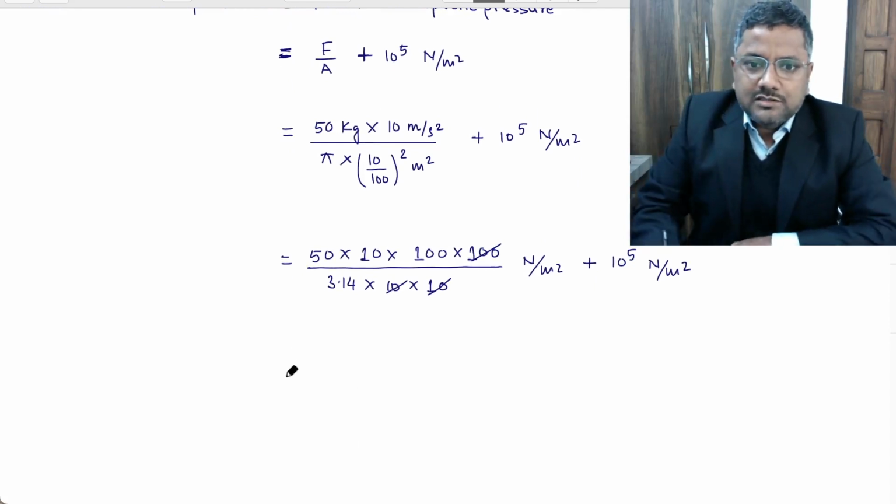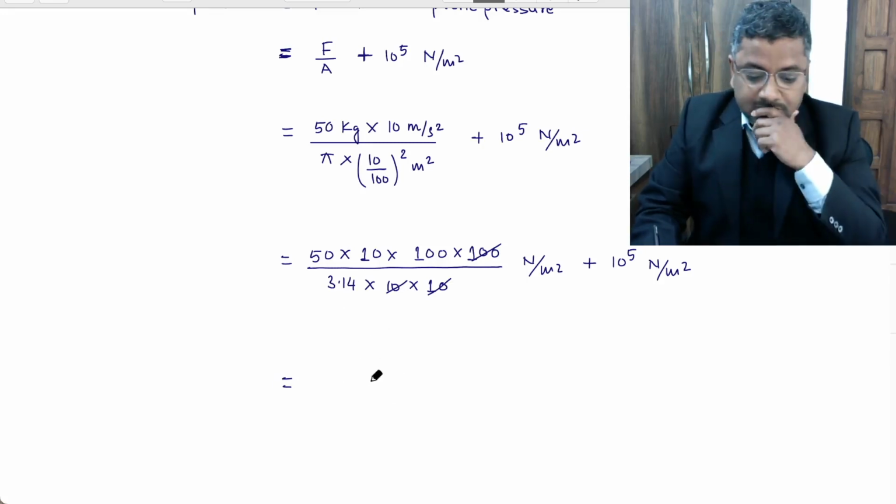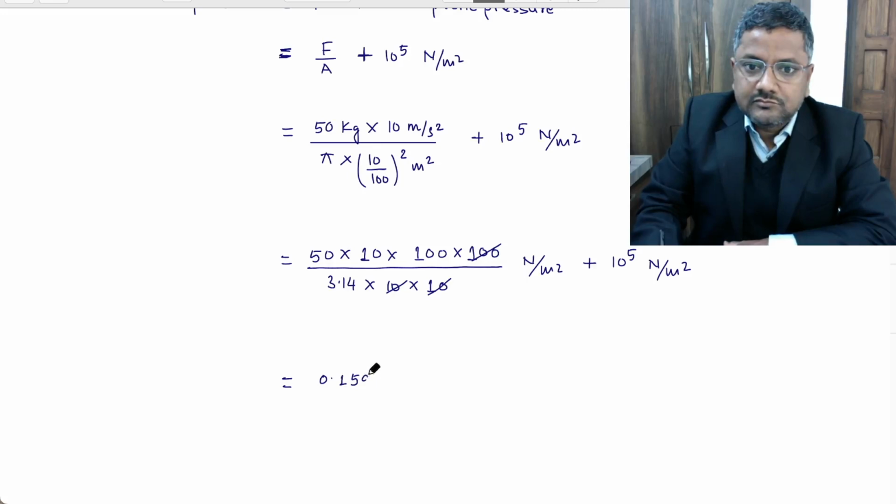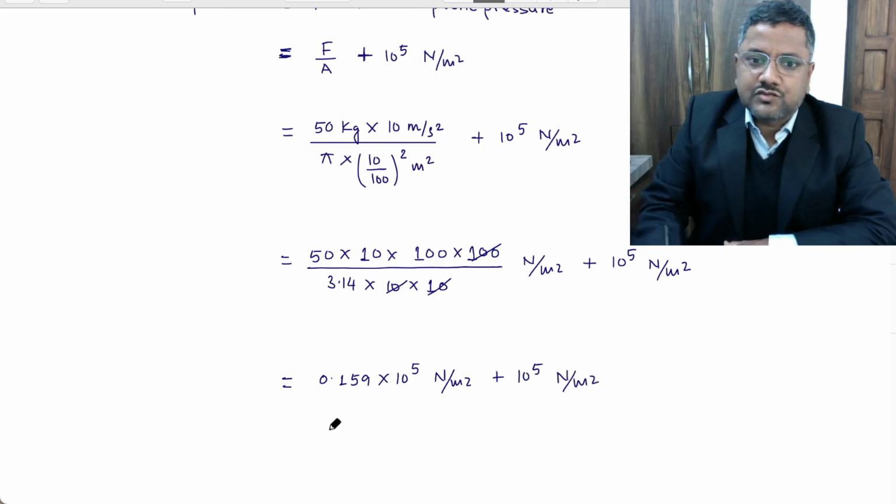What is the calculation I have done? 1.16, 0.159 into 10 to the power 5 Newton per meter square plus 10 to the power 5 Newton per meter square.